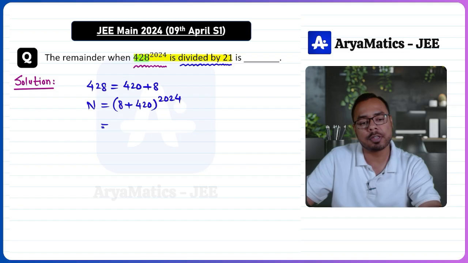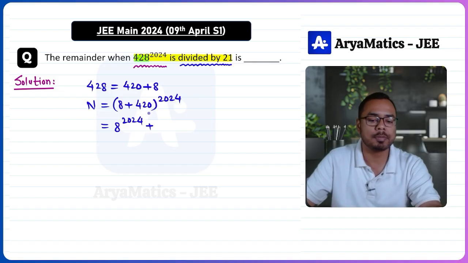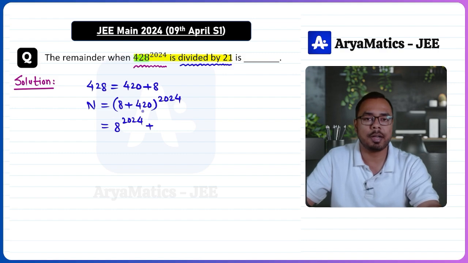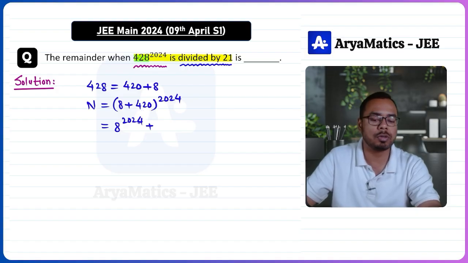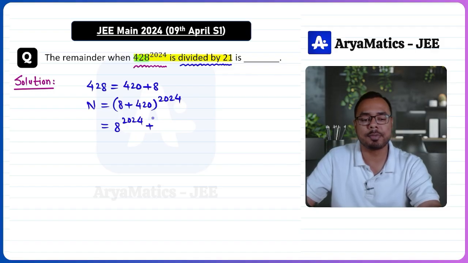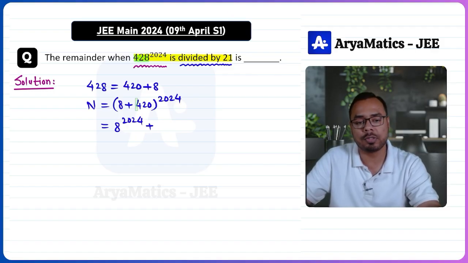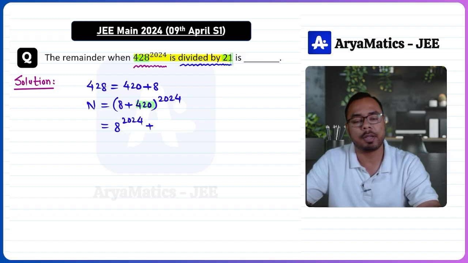Now if I expand it using the binomial theorem, then you will get 8 raised to 2024, and after that all the subsequent terms, right? The second term will contain 420, the third term will contain 420 square, and so on. So only the first term, which is 8 raised to 2024, is not a multiple of 420. All the other subsequent terms are multiples of 420, and hence multiples of 21.